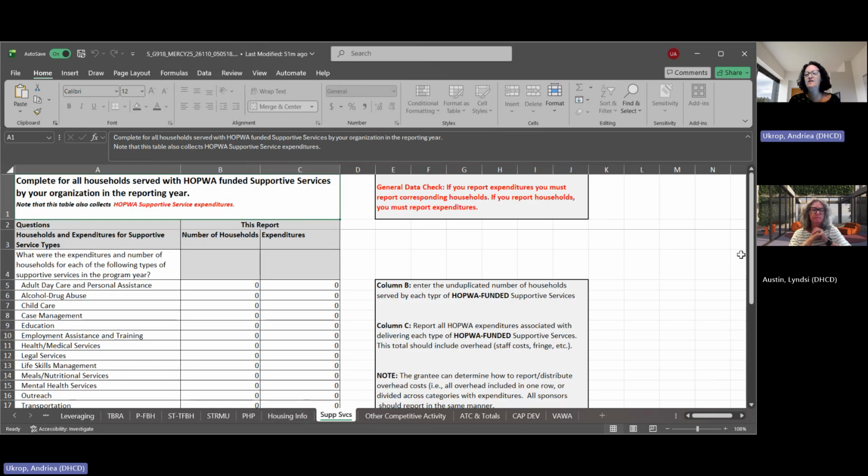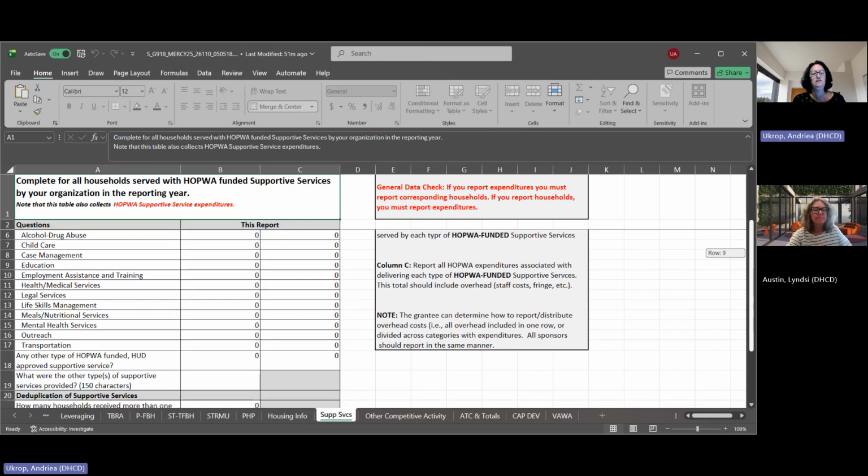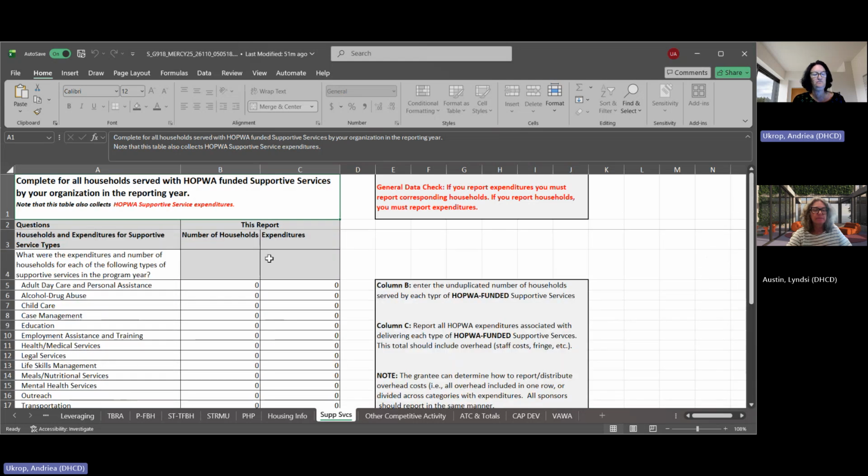We have changed up our instructions just a little bit for supportive services. So I hope this clears up some confusion that we have had in years past. So if your organization reports services here, these are only services paid with HOPWA funds granted by DHCD.